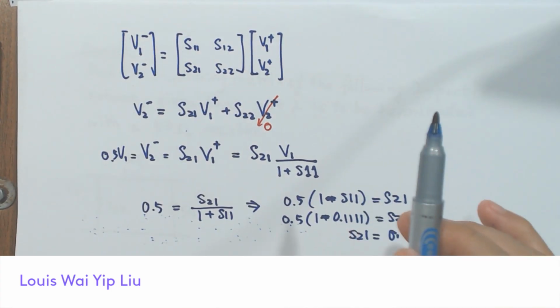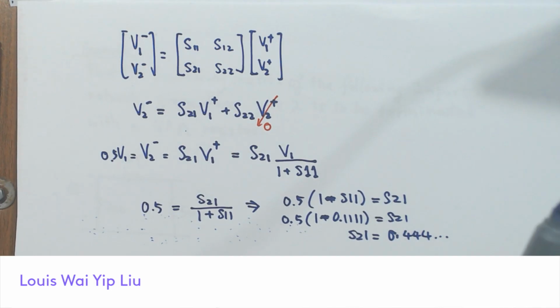In a passive level, just like any other passive level, S12 is always equal to S21 because this is a reciprocal network. Reciprocal network has this characteristic: Sij is always equal to Sji.